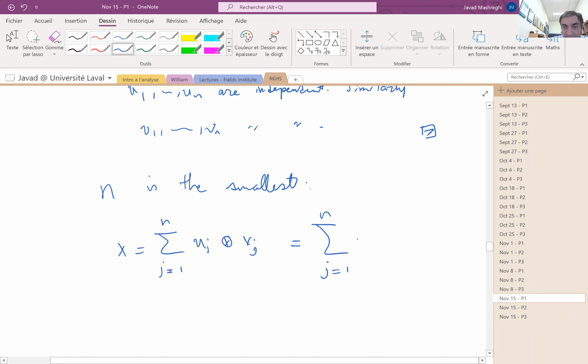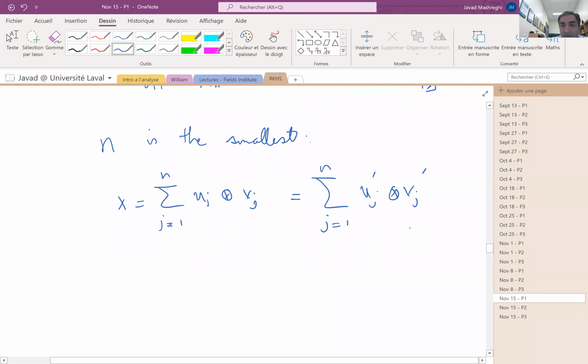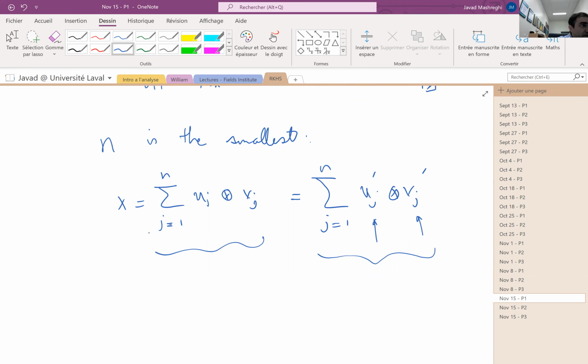We can have, say, uj prime tensor vj prime. We can have another representation for which these uj prime are also independent, vj prime also independent, and we do the tensor product, we obtain X, and that's another. So the representation is not unique, but the elements we have are independent.